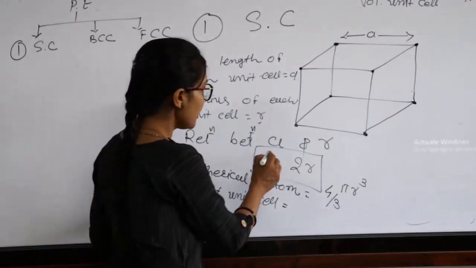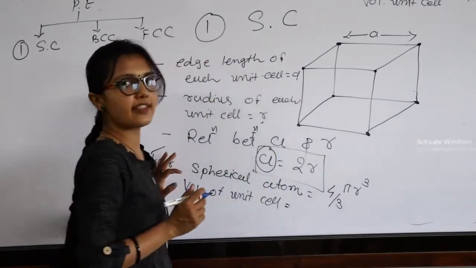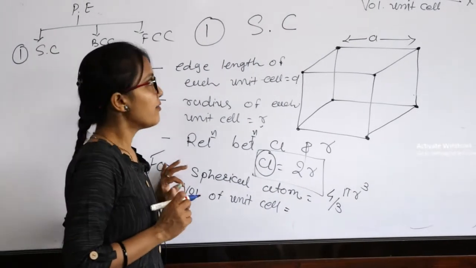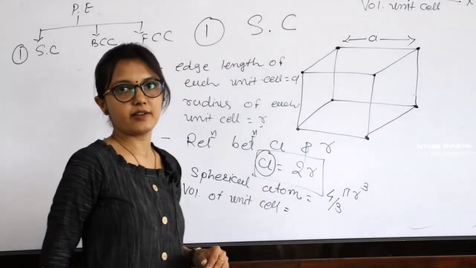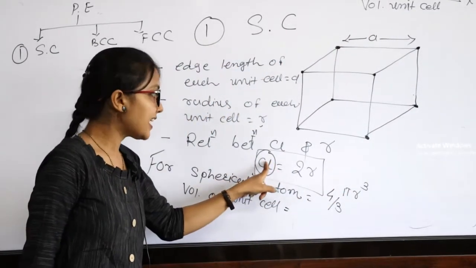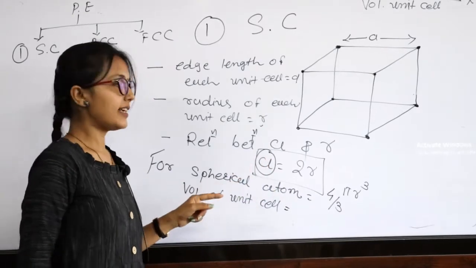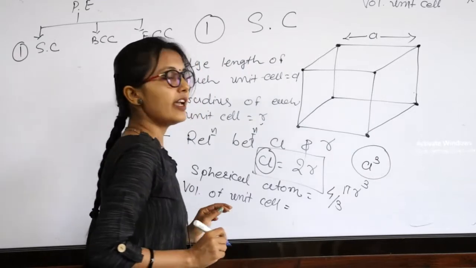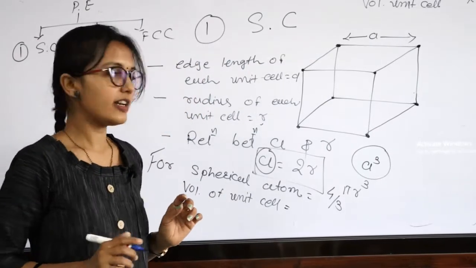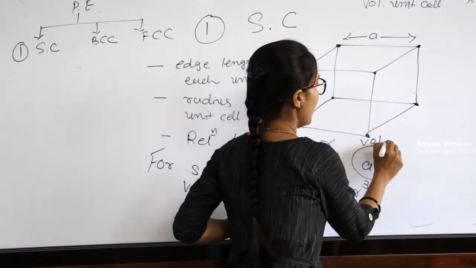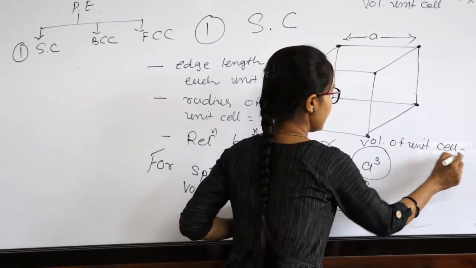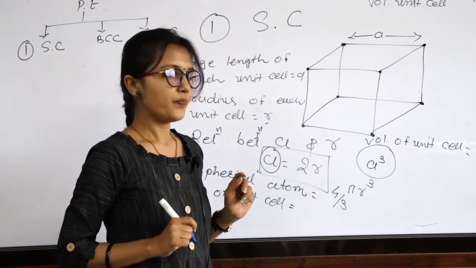Because you know this is the edge length, then the volume of unit cell, this is each unit cell and the whole atom, that's why a cube, volume is a cube. Clear? The volume of unit cell is equal to a cube.